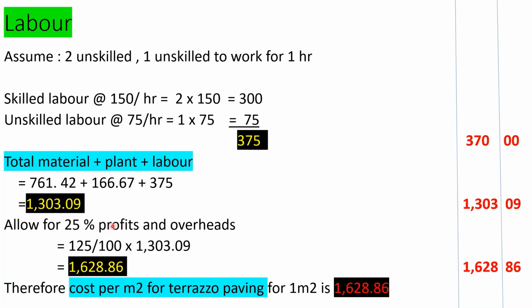We allow for 25% profits and overheads. That gives us 1,628.86. Therefore, the cost of 1 meter square of terrazzo paving will be 1,628.86. So that is how we build up that unit rate.